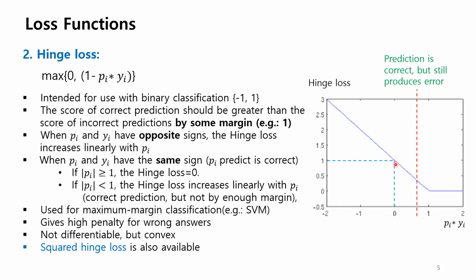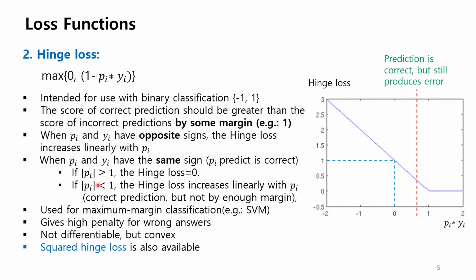Even though pi yi is positive, meaning the prediction is correct, the hinge loss still generates error like this. This is the error of hinge loss when our prediction is correct. That's the main property of hinge loss.